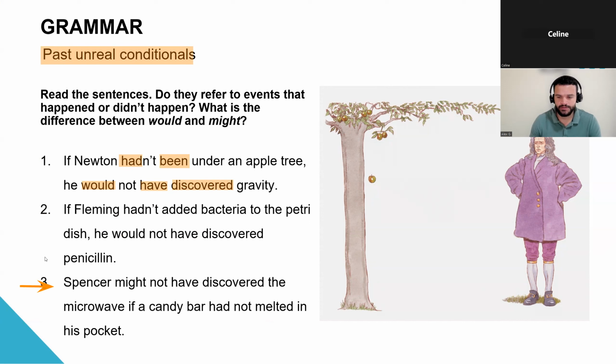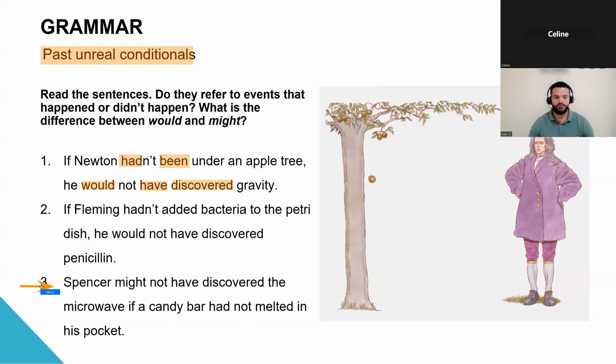What about this one here? Spencer might not have discovered the microwave if a candy bar had not melted in his pocket. Excellent, very good. So here we have pronunciation.